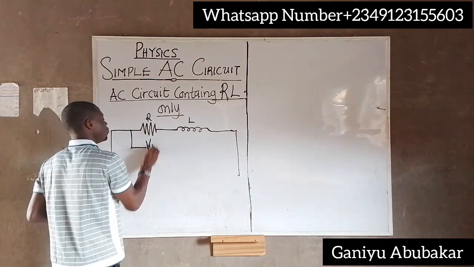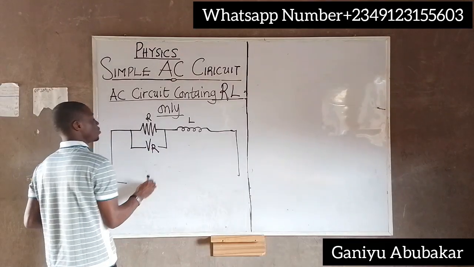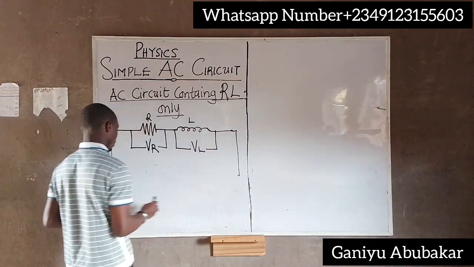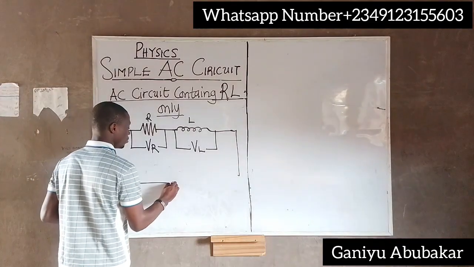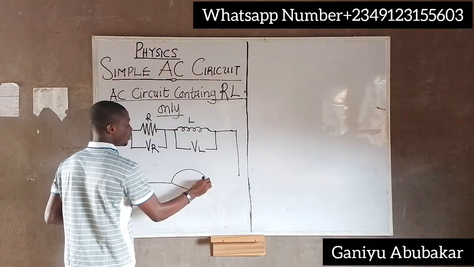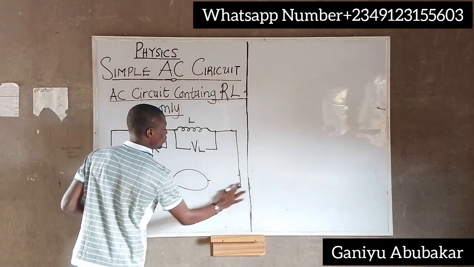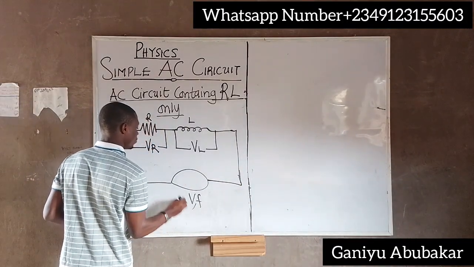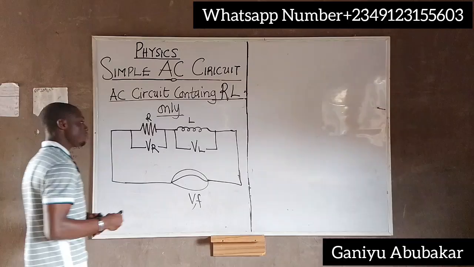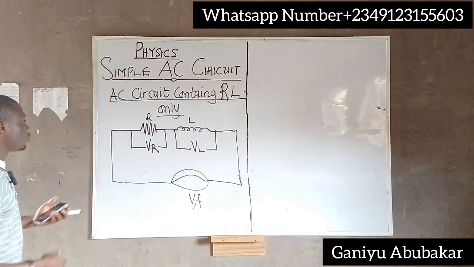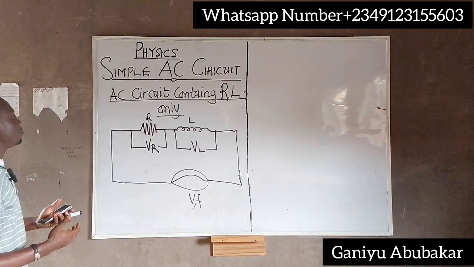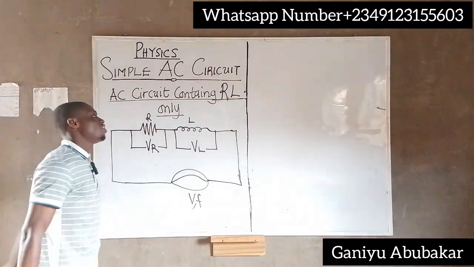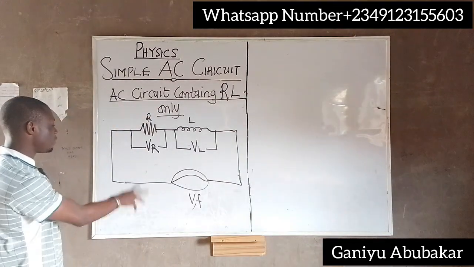Here gives you VR. Here gives you VL, it's inductor. Call this one VF. Alright, this is a diagram that shows the idea behind AC circuits containing resistor and inductor only.